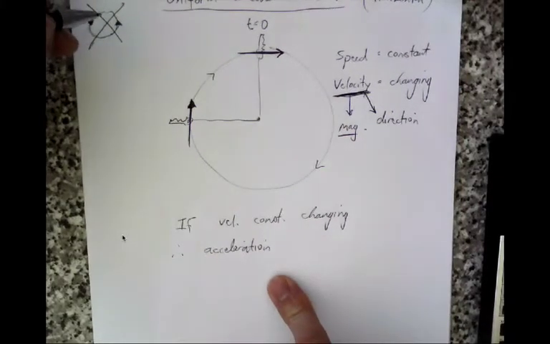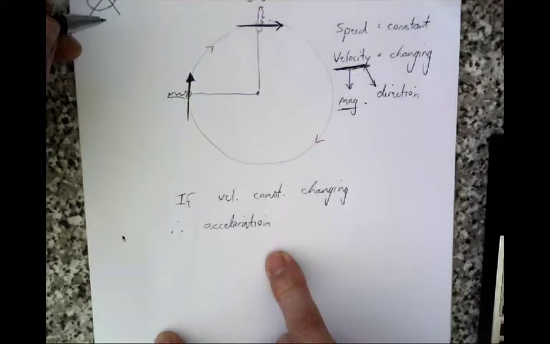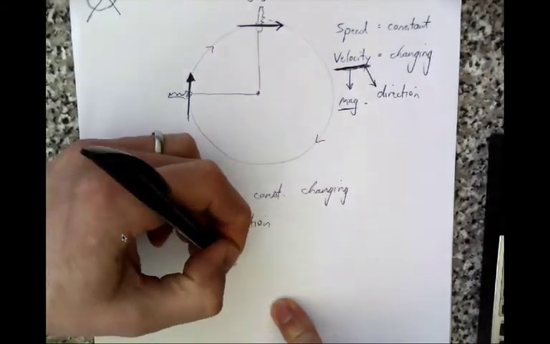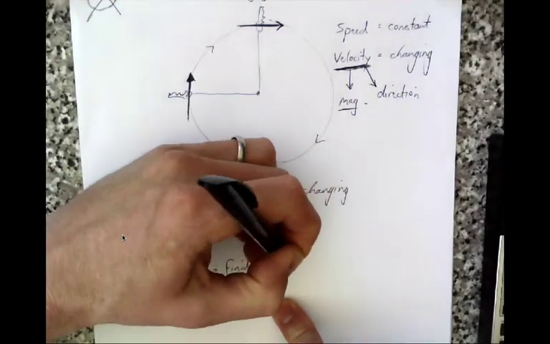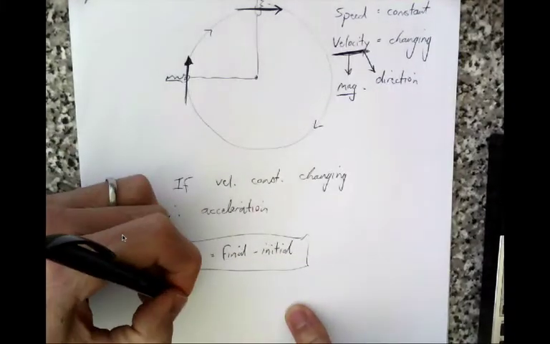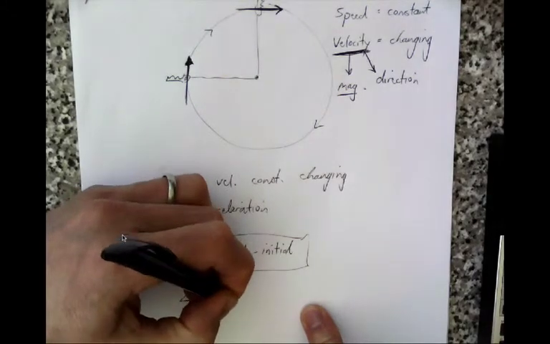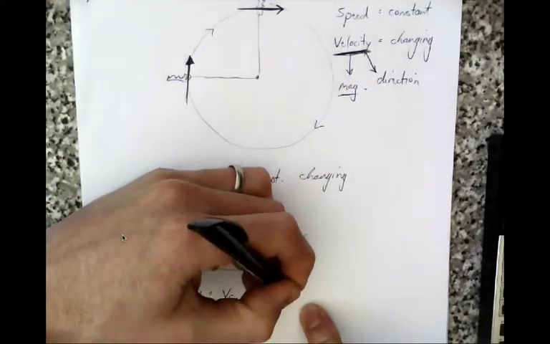Well, what we can do is use vector addition. We know that change in anything is final minus initial. That's mathematically what this delta sign means. So if we're wanting to find our change in velocity, it's going to be our final velocity minus our initial velocity.